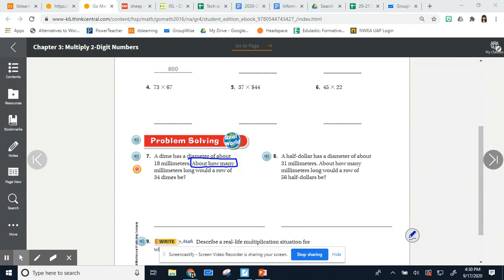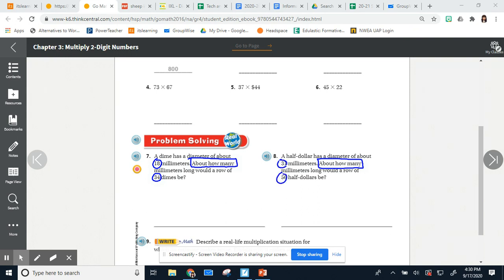About how many millimeters long would a row of 4 dimes be? So I'm not looking for an exact answer here. You're going to have to round these 2 numbers before you multiply them. Same on this problem. About how many? So that means you have to round first. You're rounding these 2 numbers.